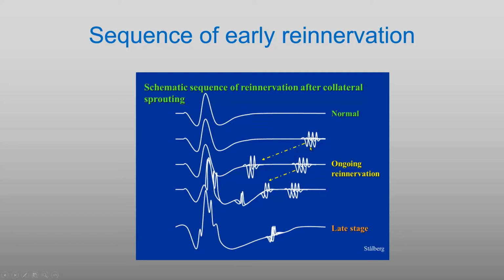After some time they grow in size and have a shorter latency and come closer to the main motor unit, and new fibers are coming in, and they slowly go closer and closer to the main motor unit, fuse into that, and give the pattern of increased size with some jittering components.